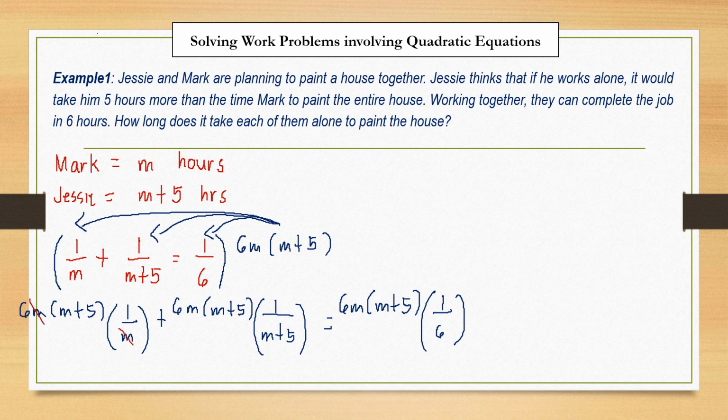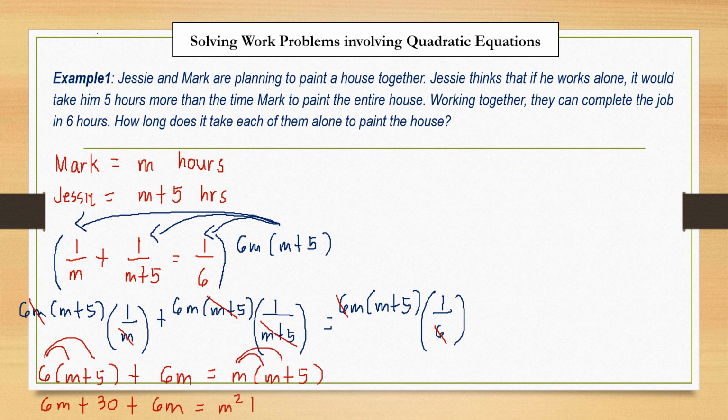So we're going to have 6 times m plus 5 plus 6m is equal to m times m plus 5. By distributive property, we have 6m plus 30 plus 6m is equal to m squared plus 5m.